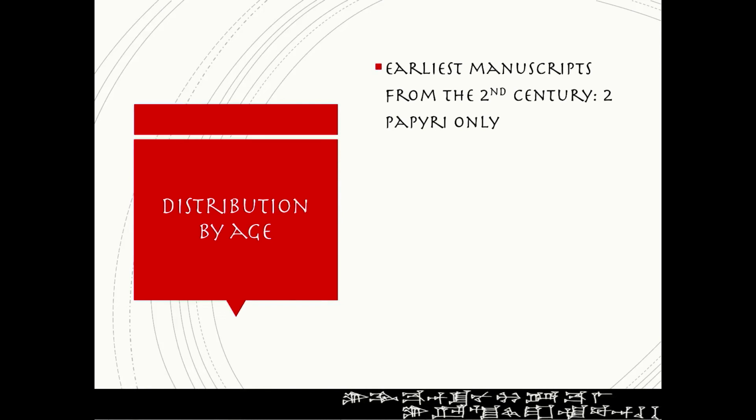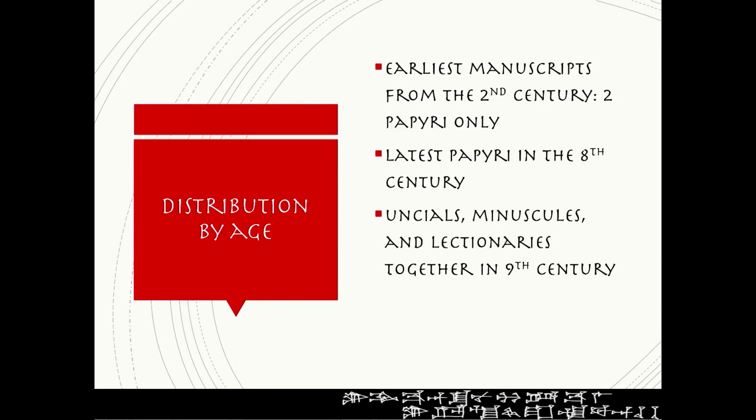The earliest manuscripts that we have of the New Testament text come from the 2nd century. We have 2 papyri. The latest papyri that we have are in the 8th century. The uncials, minuscules, and the lectionaries, if you remember from our last video, all come together with some regularity in the 9th century, about the time that the latest papyri are in the 8th century, so it's when the uncials, minuscules, and lectionaries are starting to take over.